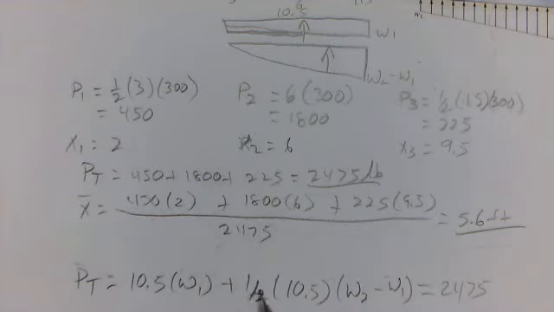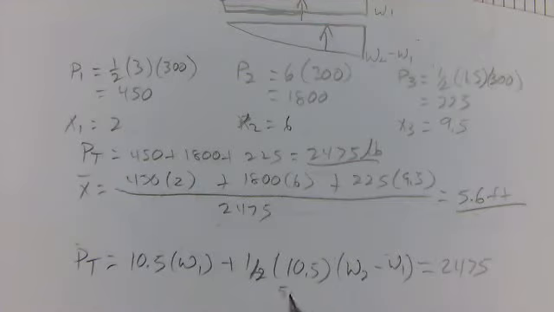Now if we distribute this, 1/2 times 10.5 is 5.25, so it becomes a positive 5.25 W2 and a negative 5.25 W1. And this is 10.5 W1.